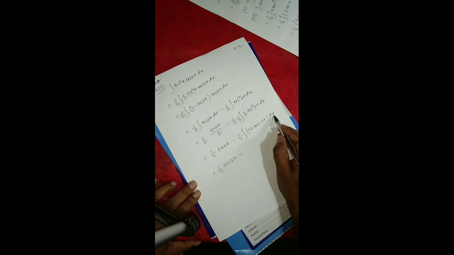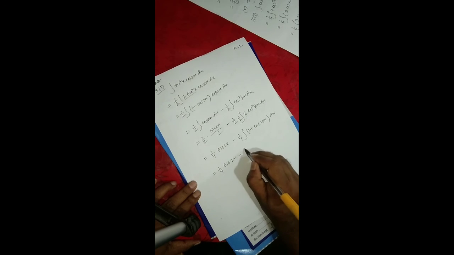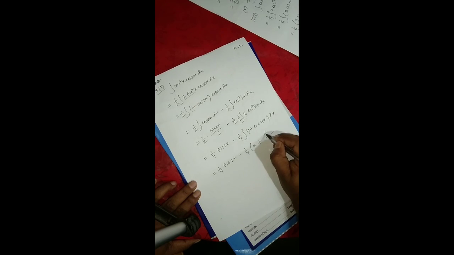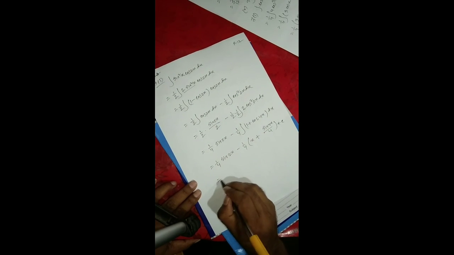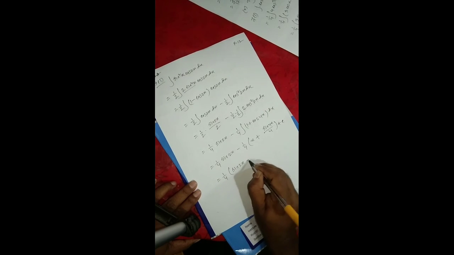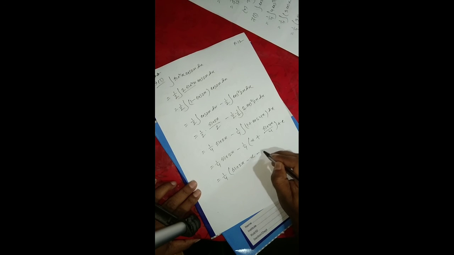Now integration of 1 into dx, that means dx, 1 by 4. Here x and cos 4x, sine 4x by 4 plus c. We take common term 1 by 4, sine 2x minus x minus 1 by 4 sine of 4x plus c.